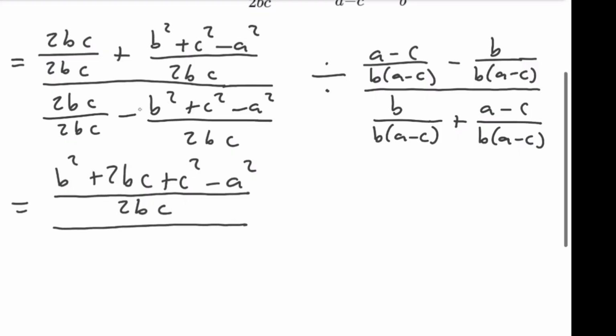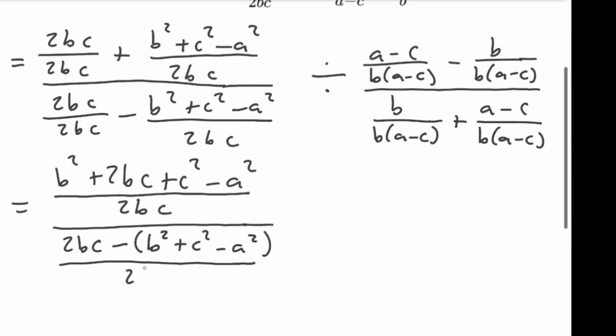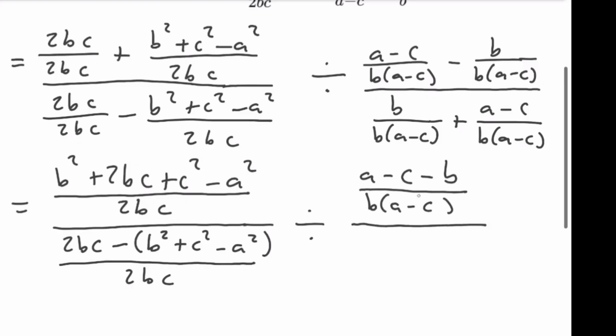So remember we have to distribute this, so we'll have 2bc minus, let's put this in parentheses first, so minus b squared plus c squared minus a squared, and that's going to be over 2bc, and then divided by, so here we have a minus c minus b over b times a minus c, and that's going to be over b plus a minus c over b times a minus c.